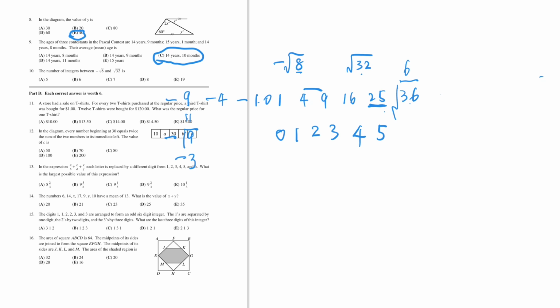Negative 3 is less than negative square root 8. So from negative 4, we have 0, negative 1, negative 2, because the square root of 4 is 2, so add the negative sign, negative 2. So the total is 1, 2, 3, 4, 5, 6, 7, 8. That's the answer D.